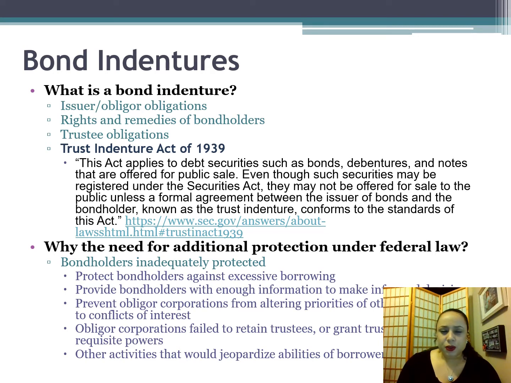There were scenarios where the issuing corporations were altering the priorities for certain creditors based on conflicts of interest. And we know now that some of these sorts of conflicts of interest are perhaps regulated under other areas of the law, but this was certainly a concern that arose in the passage of this law.